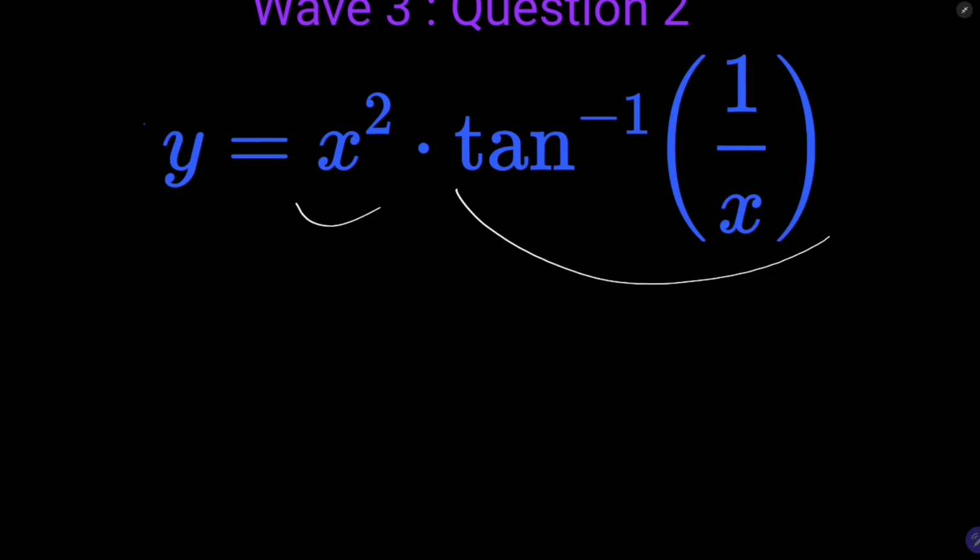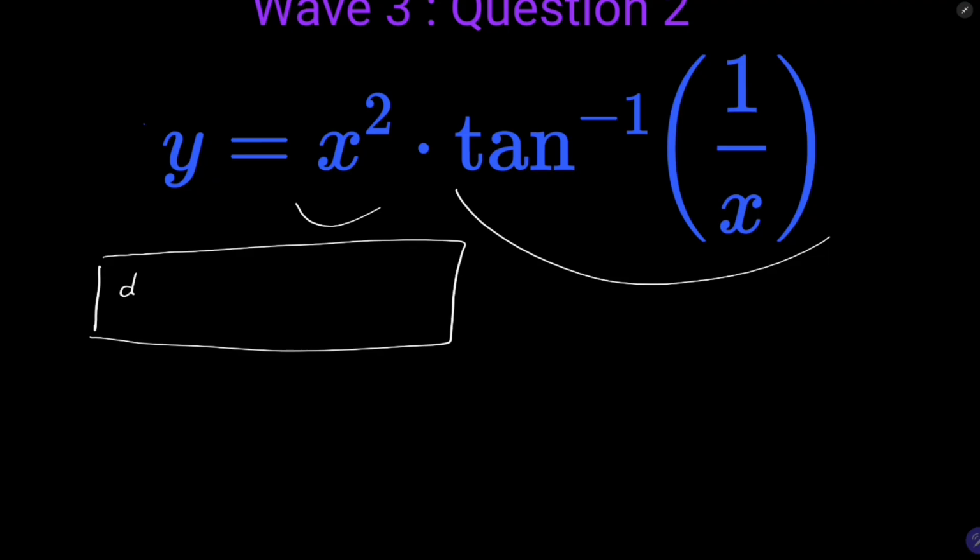Now, before applying the product rule, we need to recall the product rule. So what does the product rule state? The product rule states that the derivative with respect to x of the product of two functions uv is equal to u dv plus v du. So first of all, what is our u? What is our v?